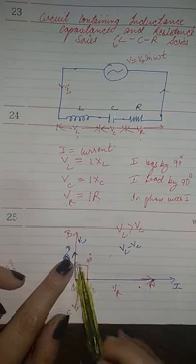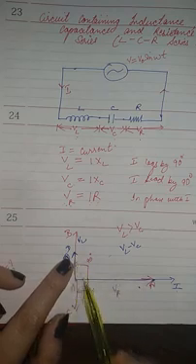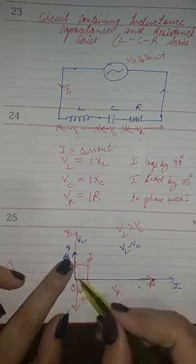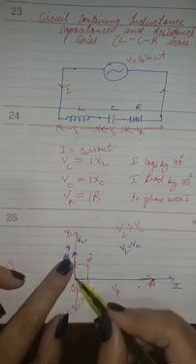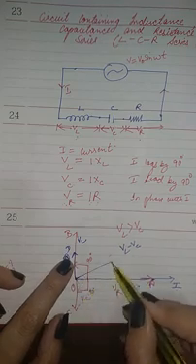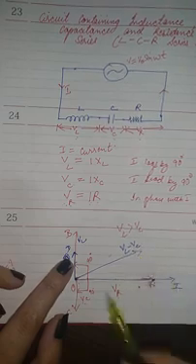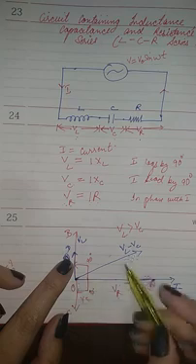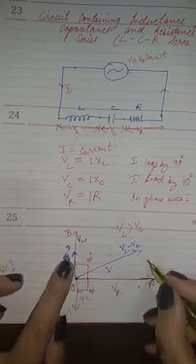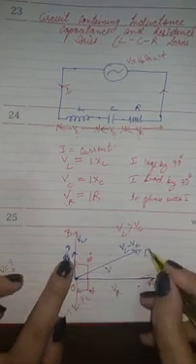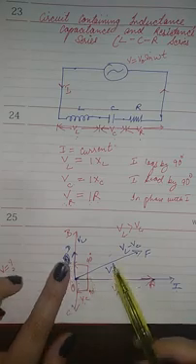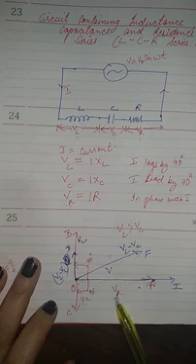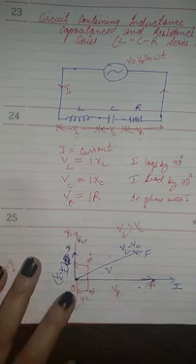From the vector law of the triangle or the parallelogram, the resultant vector will be towards the diagonal of vector OD and vector OA. So vector V will be along this side. Let this point over here be F. Now this V represents the resultant vector of VL, VC and VR.